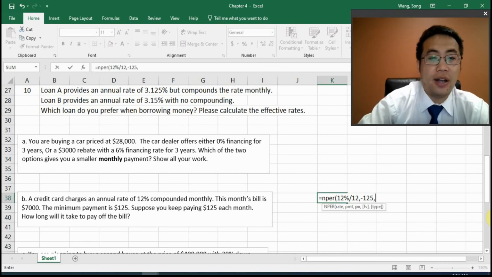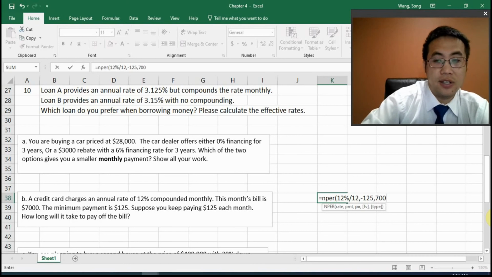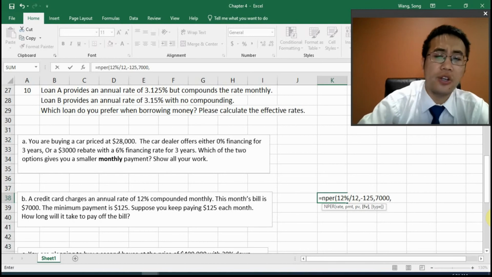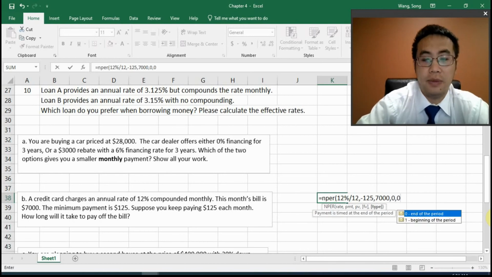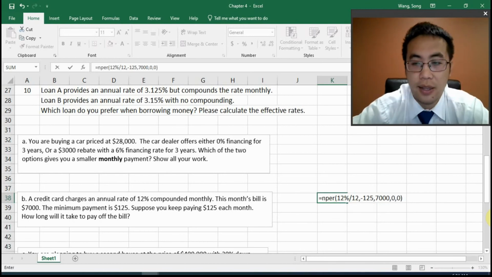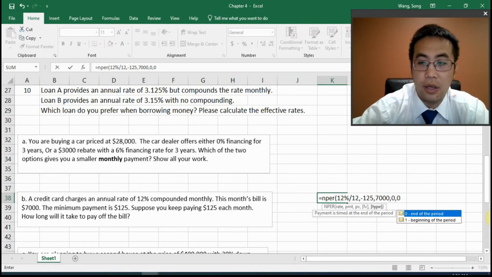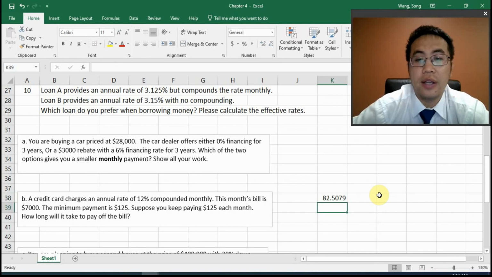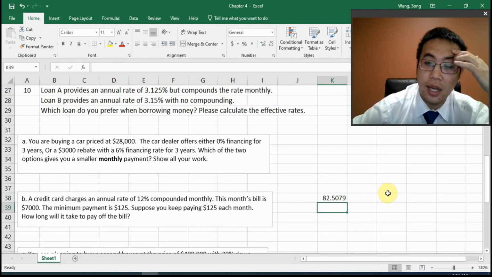And then your present value is $7,000. As I said, you just get $7,000 from the credit card company for expenditure. There's no future value, and the type is 0 because the payment is made at the end of each period. All right, so this is how long it's going to take. It's going to take 82.5 months.